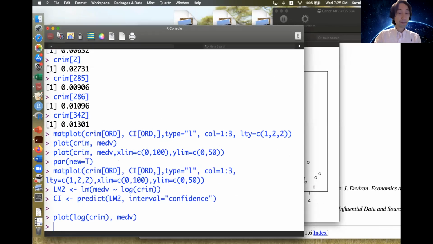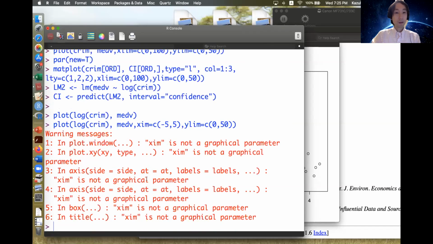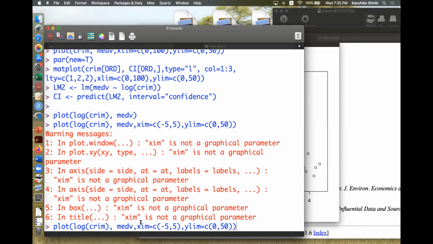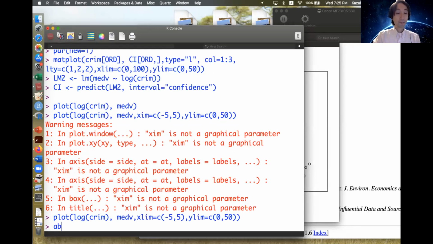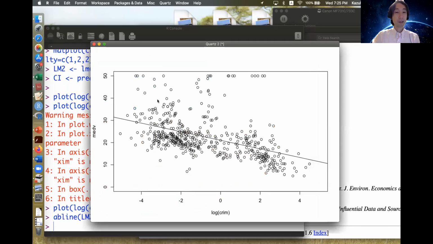So the Y limit, maybe 0 to 50. X limit. So L is missing. Yep. So yeah. Okay. So then overlay. Yeah, it looks much better.